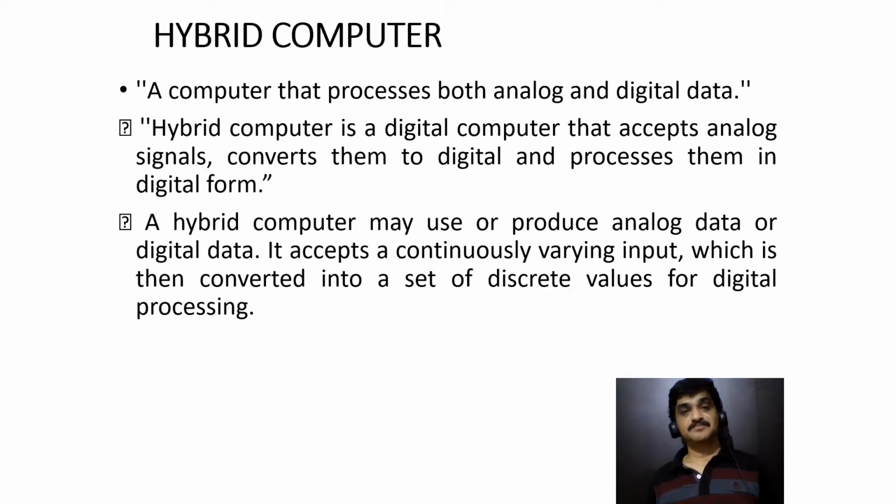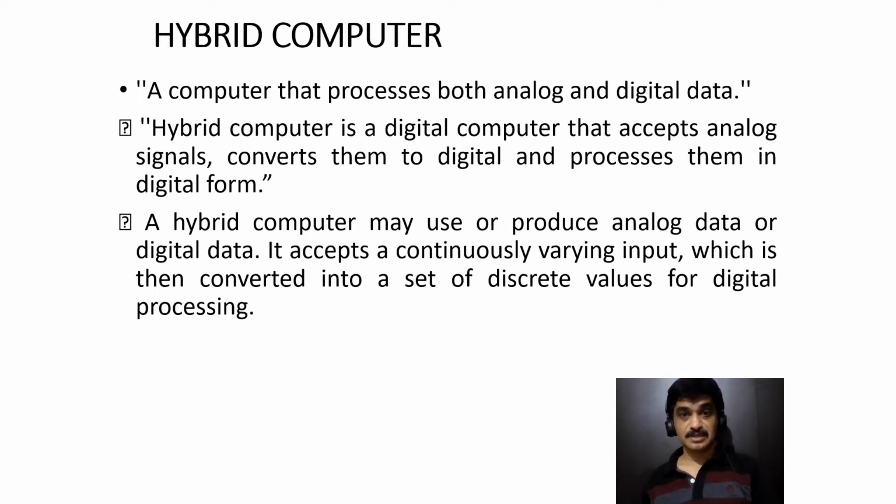Hybrid computers, as the name indicates, have features of both analog and digital computers. A computer that processes both analog and digital data. So a hybrid computer is a digital computer that accepts analog signals and digital signals as well. It accepts analog data and digital data, both.